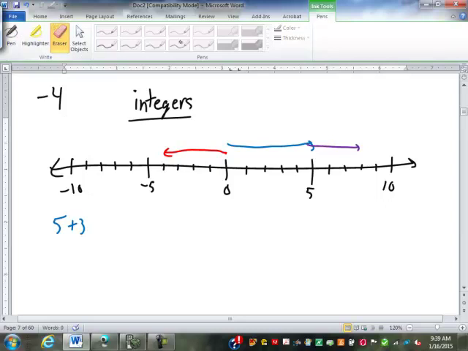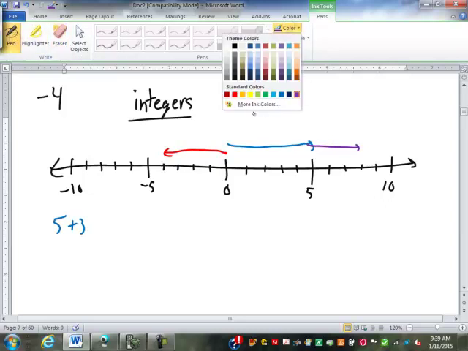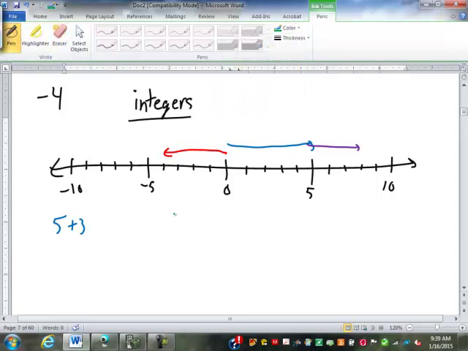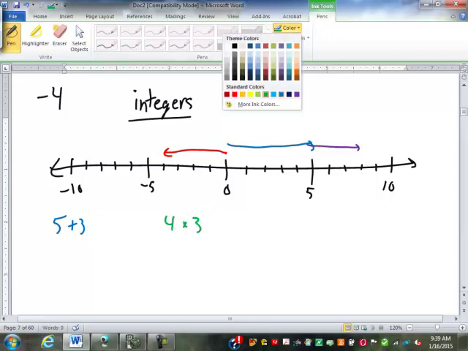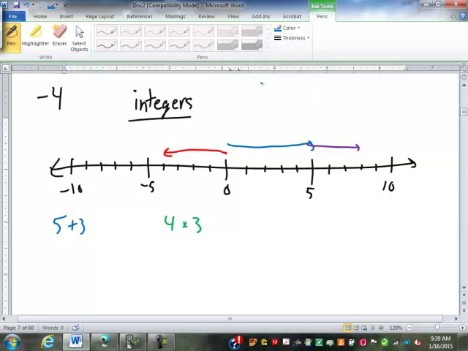Now multiplication, let's say I have 4 times 3. What that is, we talked about repeated addition. What that's telling us to do is to take the vector for this 4, which is just like this, and make 3 of them, and put 3 of them together, like that.